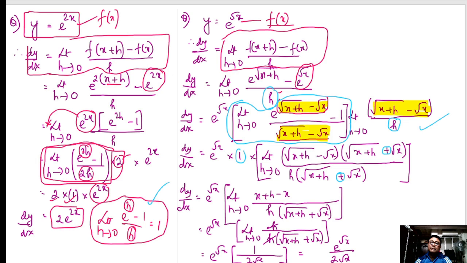The top becomes (a minus b) into (a plus b), which is a square minus b square. Okay, so this cuts, and this also will now cut. So it is 1 by this, and now putting h tends to 0 in this part, it becomes root x plus root x, which is 2 root x. So this is the answer of the differentiation of y equal to e to the power root x. Clear?